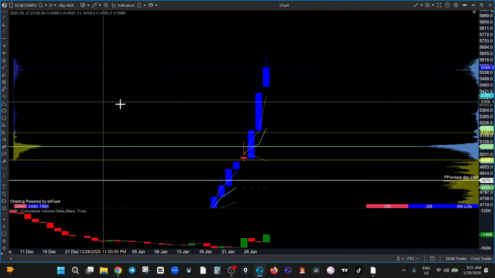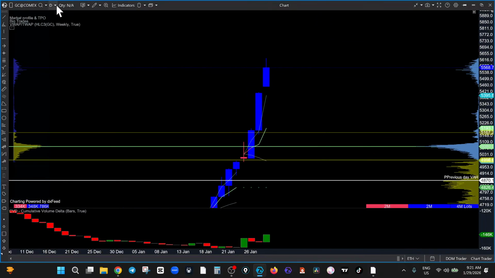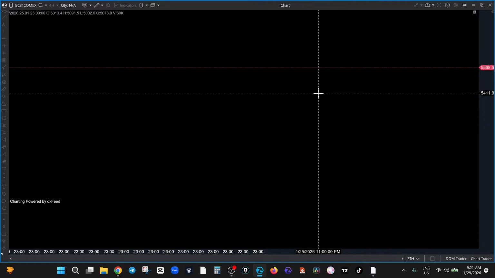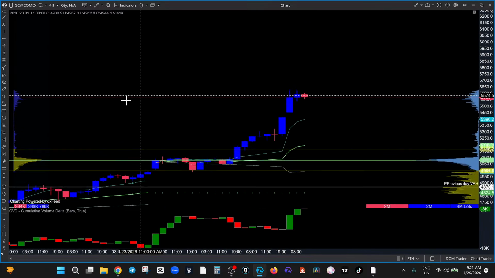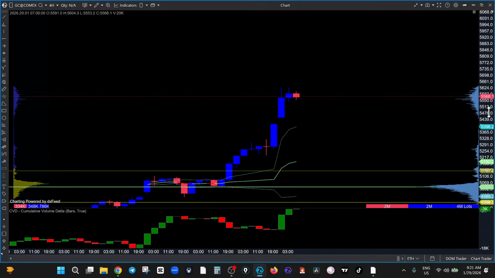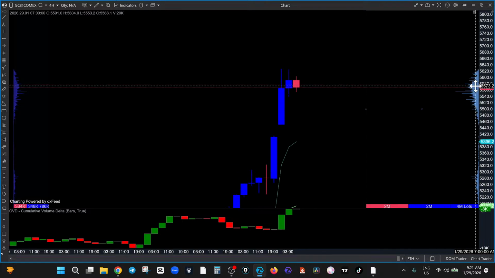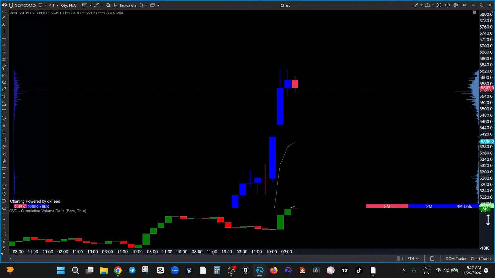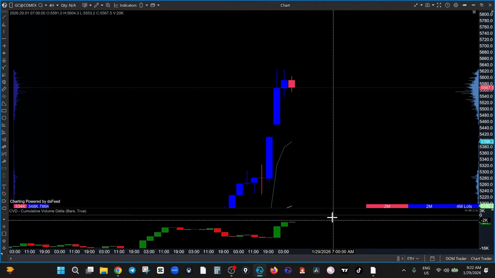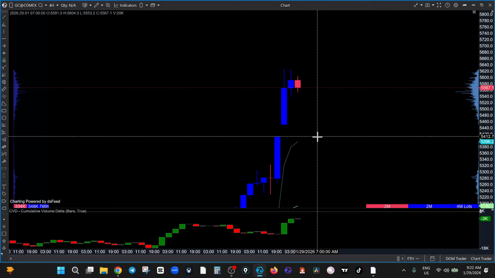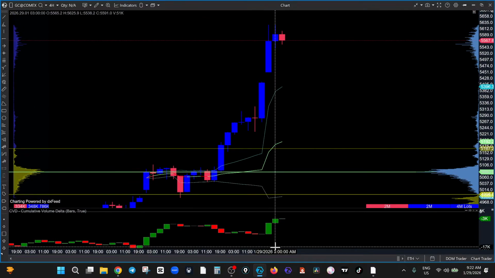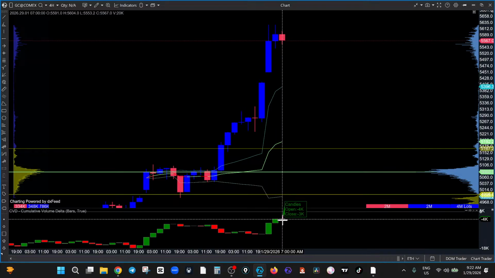Okay, so going to the 4 hour, you can see that more orders are being built up here. The buy, and then we're going to look at the cumulative volume delta. The buyers are still in control here, aggressive buyers.